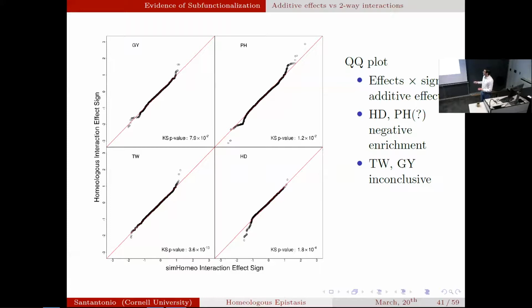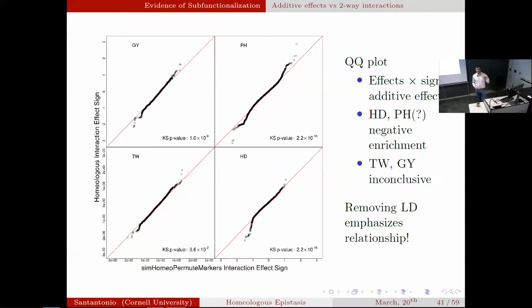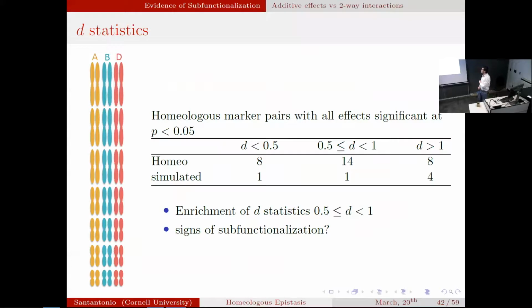And you'll notice for heading date, we see this push down that's indicating that these are more negative than expected by chance. We also see some for plant height down here, but we see it reflected. Not a lot for grain yield, and it's unclear for test weight. Doesn't look like a whole lot of signal. Interestingly, if I remove the LD pattern in the population, then I see this effect is to some extent emphasized. Okay, and I'll come back to that in a minute.